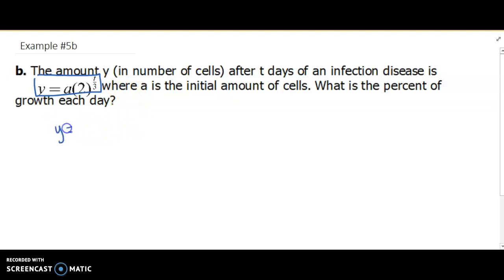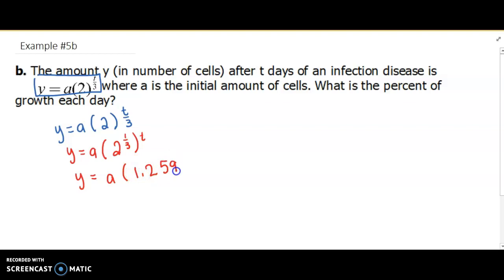We have y equals a times 2 to the t over 3. We want this just to the t, so we're going to rewrite it: y equals a times 2 to the 1/3 to the t power. If I put 2 to the 1/3 into my calculator, I get roughly 1.2599.